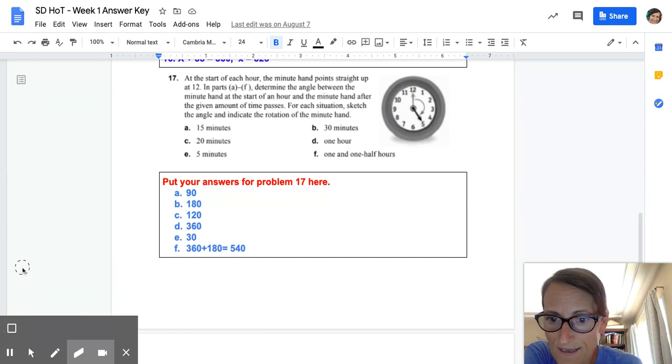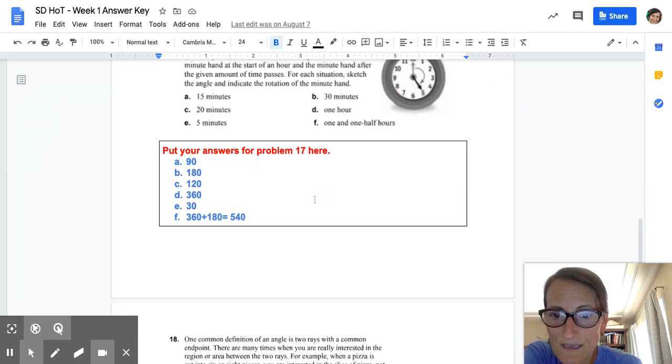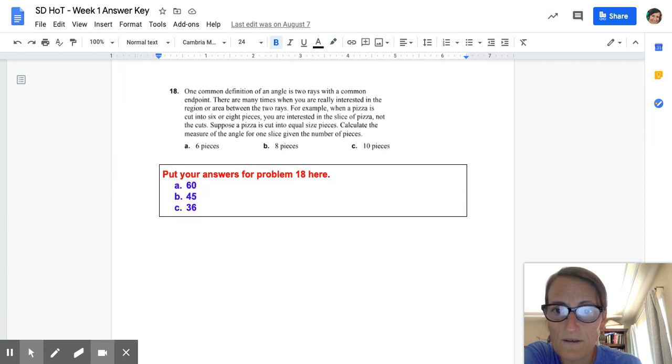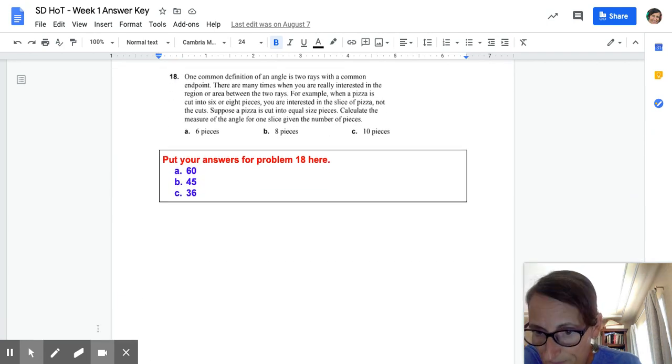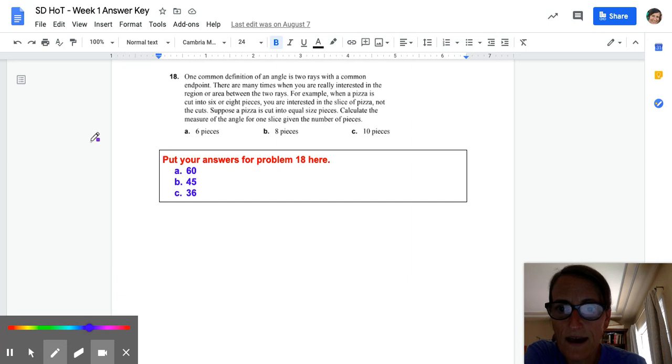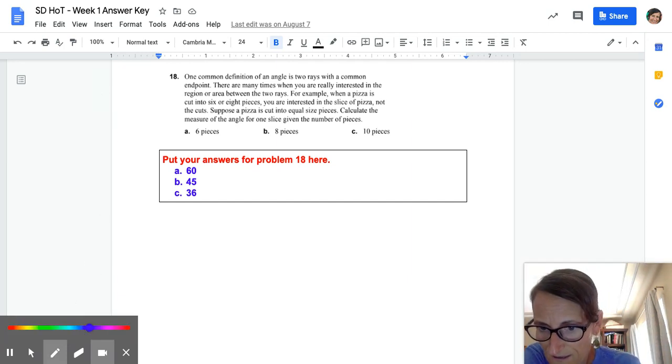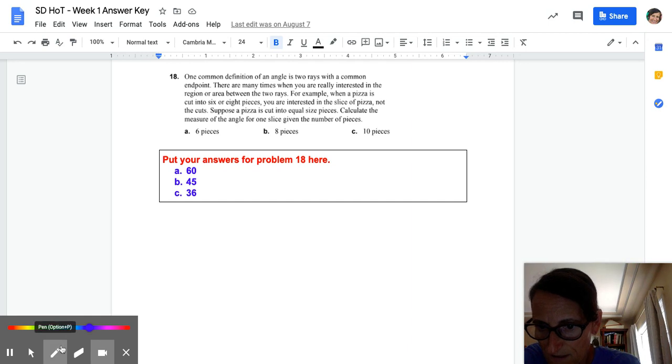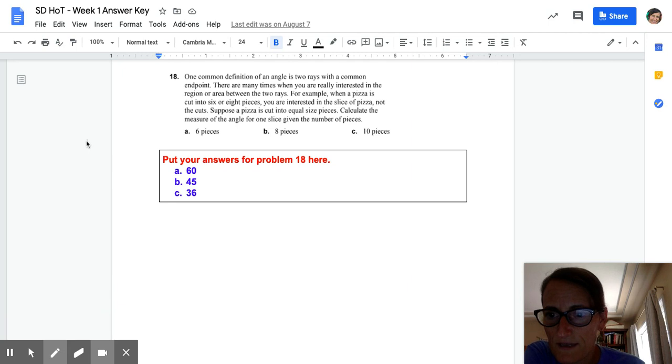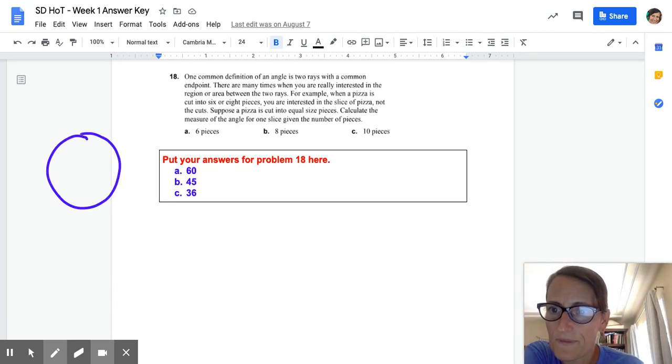All right, the last section here is looking at a pizza. So imagine that you have a pizza. Okay, so let's say we have a full pizza, and for part A, it's asking if you split this into 6 pieces.